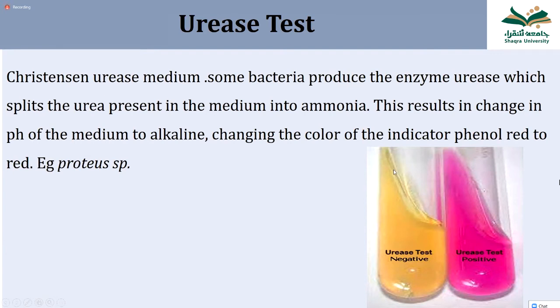If you grow a bacteria on this medium and it is urease positive, it will split the urea and release ammonia, and that ammonia will make the medium red like this. If you see the red color in the urease test medium, the bacteria is urease positive. If there is no red color, it is urease negative.